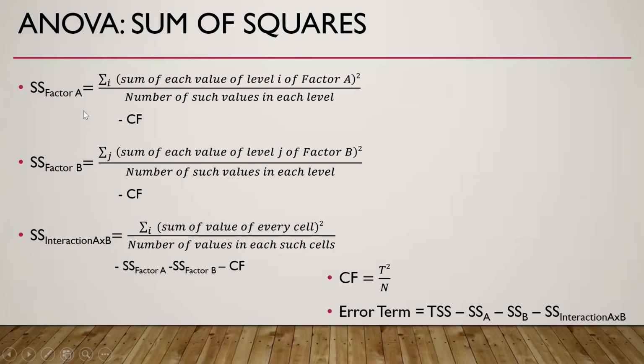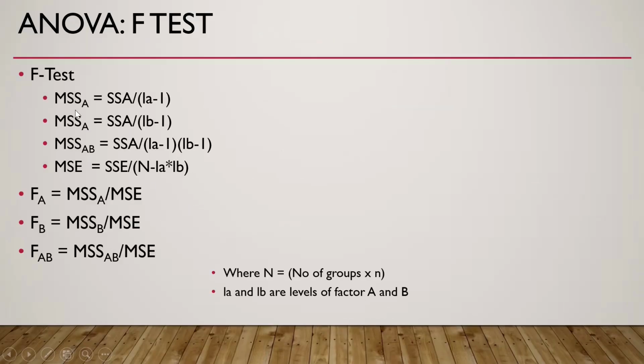So this is another way to calculate the sum of squares of factor A, B and interaction term. And this CF stands for the correction factor. And this is how we calculate sum of squares of error term. This is how we calculate mean sum of squares of A, B, AB and mean sum of squares of error term.